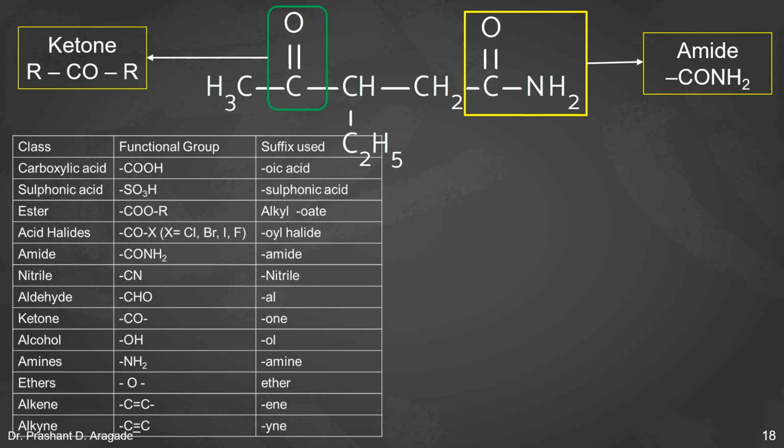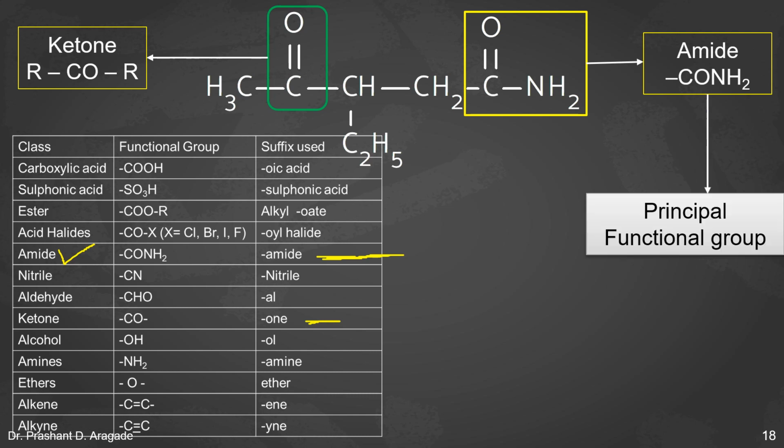If you observe the priority table, ketone functional group is here and amide functional group is here. So among these two functional groups, amide secured the highest position in the priority table. Hence, amide is considered as principal functional group and ketone is considered as substituent because amide has higher preference than that of ketone for that example.